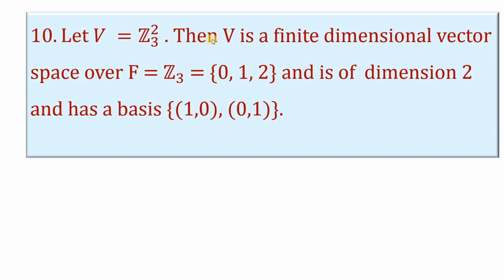So we have in this case V to be a finite dimensional vector space over F, and the dimension of this is 2, as this is a basis of V. Z3 cross Z3, that collection has this as a basis, 2 in number, so dimension of this is 2.